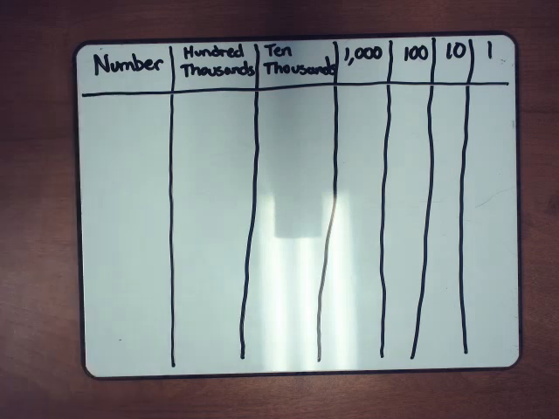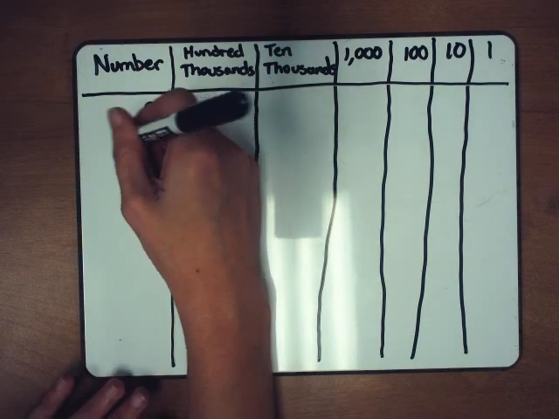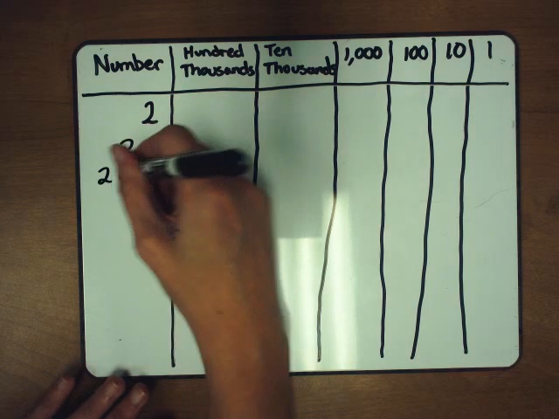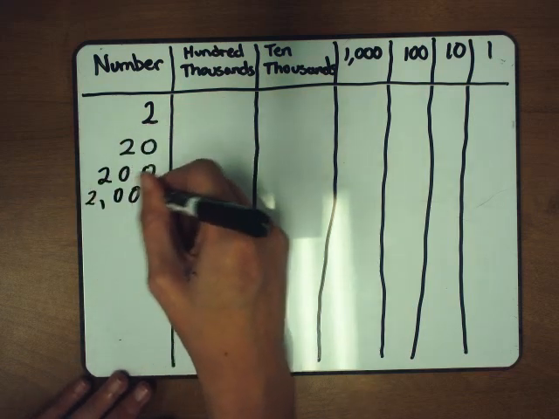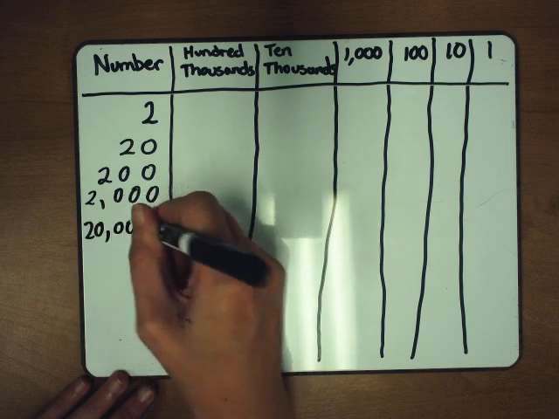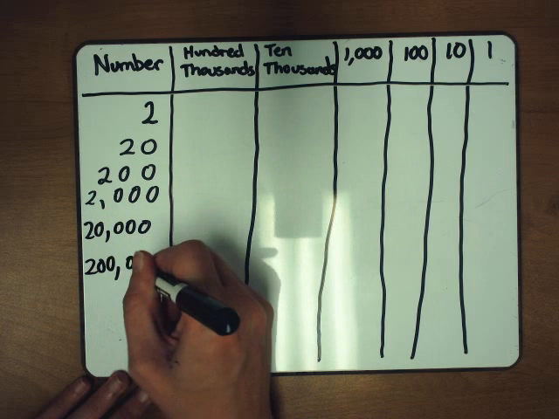Along the numbers, I'm going to write the number 2, 20, 200, 2,000, 20,000, and 200,000.